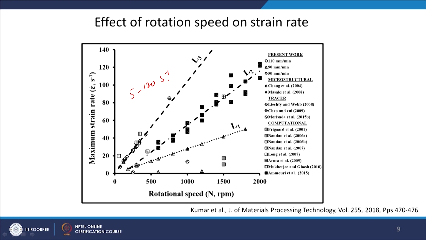One thing is clear: the temperature attained is more than 0.5 Tm, the strain rate attained is at least more than 1 per second, and it can go up to 100 per second. The strain achieved is in the range of 5 to 10, for example. The strain rate and the temperature all contribute to the dynamic recrystallization in these materials.